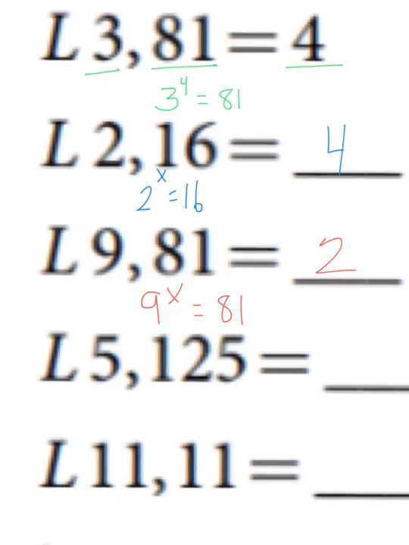If 5 was the base, 5 to what exponent would be equal to 125? 5 to the exponent 3. And then last, we'll do it in blue again. 11 to what exponent will be equal to 11? That would be 1.